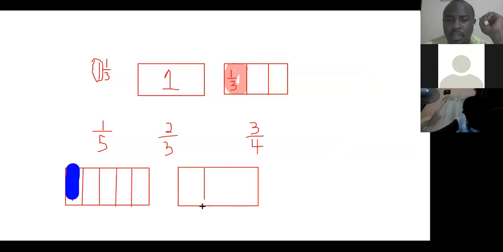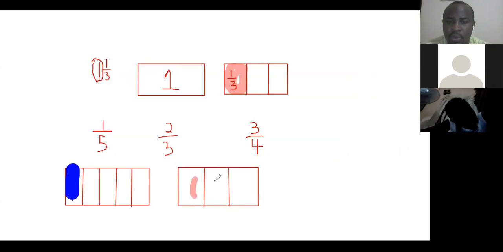Okay, so here I'm going to divide this whole into 3. Now, how many of these 3 total equal parts actually have something? Based on the fraction we have here, 2, sir. Okay, good. So 2 must have something. So any 2. 1, 2.